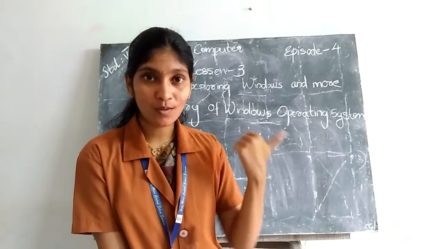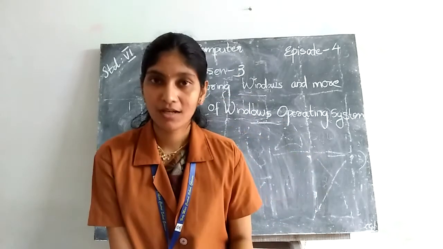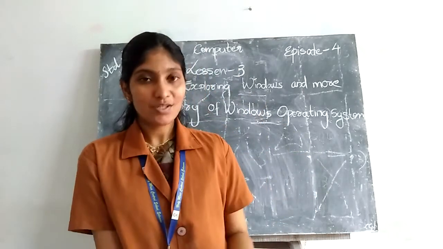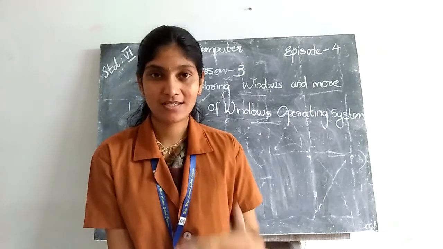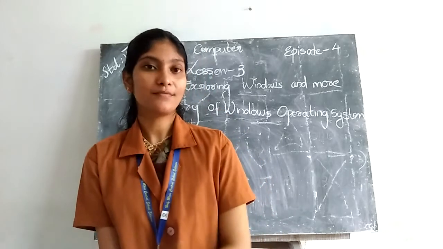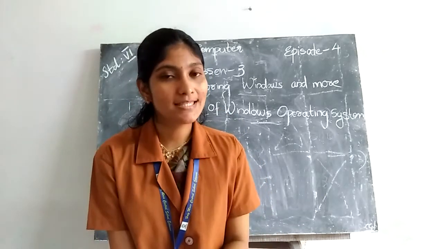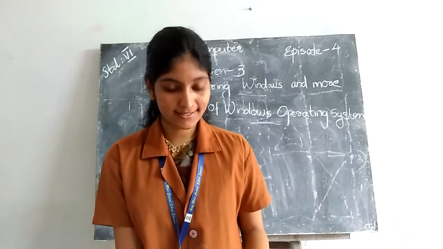So here also are the versions of Windows, or the history of Windows. As the generations progressed, it is automatically updated. New features are added in the new versions of Windows. Okay, so let's see the history of Windows operating system.